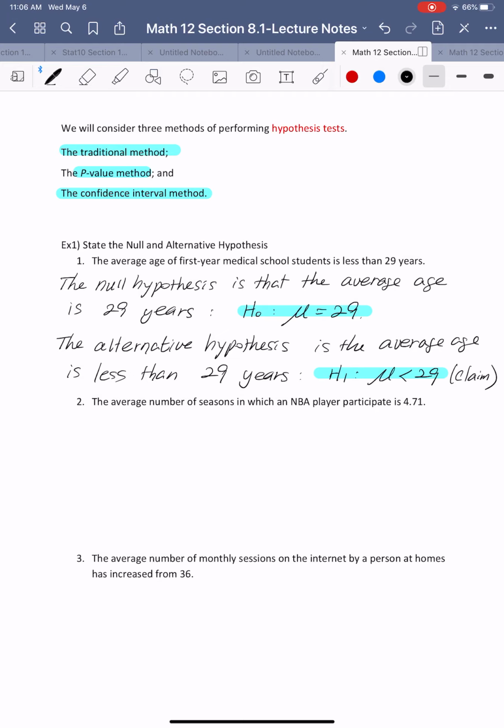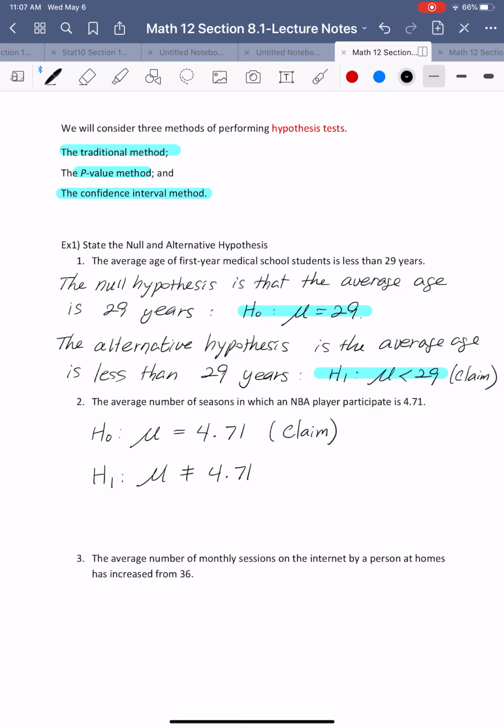As the null hypothesis, mu is equal to 4.71. The alternative hypothesis doesn't say anything about not equal, less, or greater, so we just assume it's not equal, which means it could be less or greater.